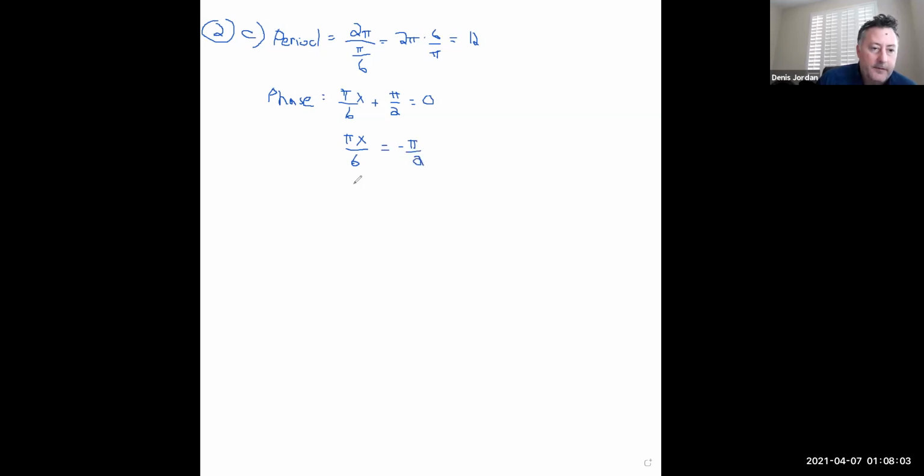So move over the pi over 2, multiply by 6 over pi, and just reduce everything. So x is going to equal minus 3, right? Yeah.